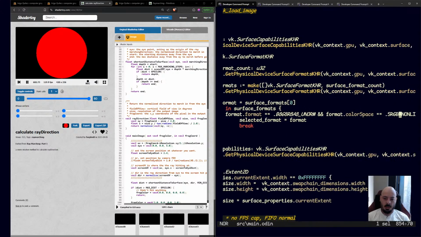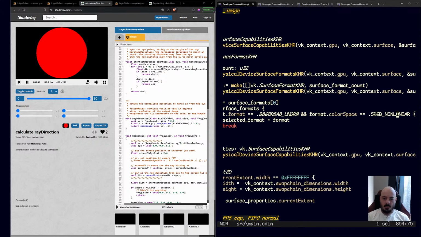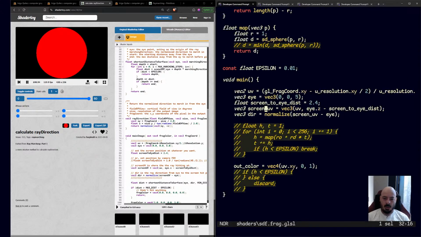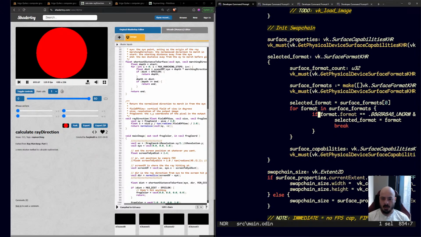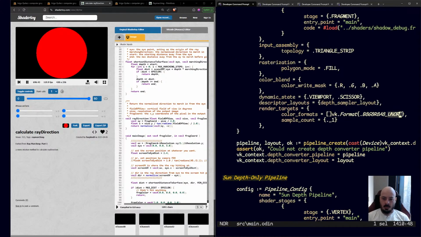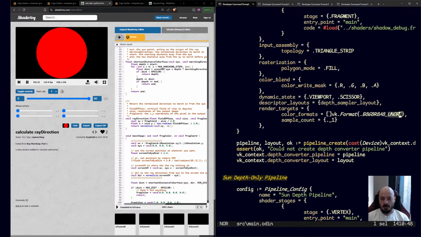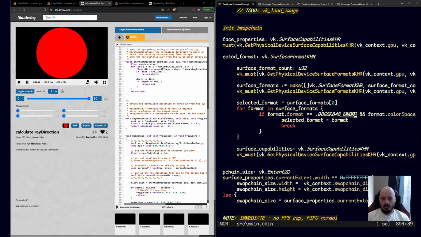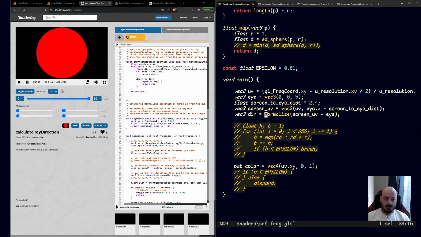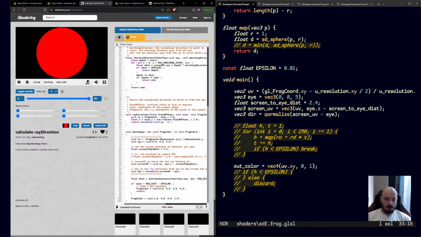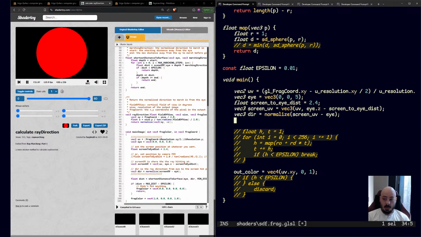No, I just require that we have it for some reason. I guess that's just how I made the swap chain. But the swap chain format is actually, I think, unorm. The color format, yeah. I actually like unorm more. sRGB was way too bright. I think unorm works better for the game that I'm making. Because I haven't experimented that much with color space.